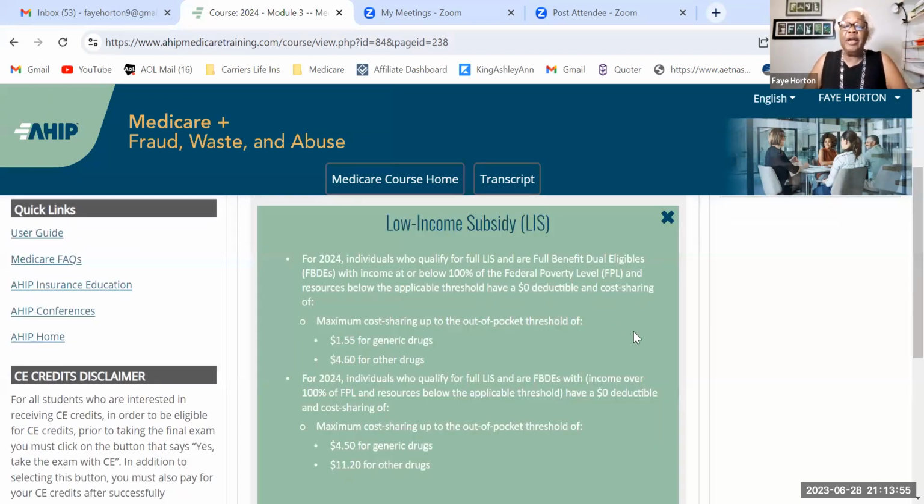For 2024, individuals who qualify for full LIS or full benefit dual eligibles with income at or below 100% of the federal poverty level and resources below the applicable threshold have a zero deductible and cost sharing. Maximum cost sharing up to the out-of-pocket threshold is $1.55 for generic drugs and $4.60 for other drugs.